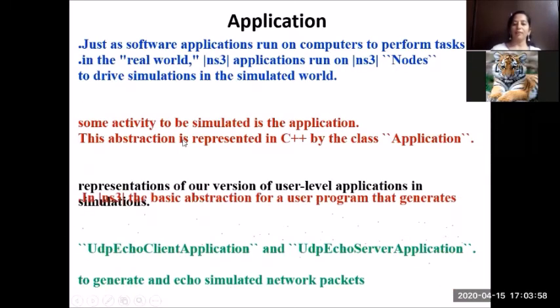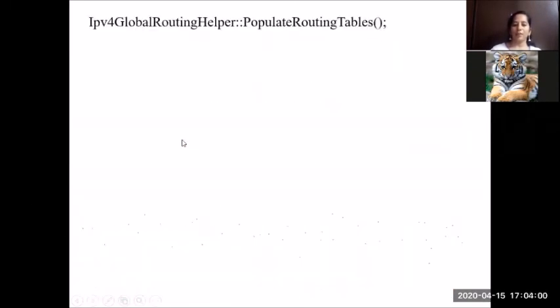Anyway, finally, we have to install the applications, for which I need to route the packets. How do we send the packet from node 0 to node 1, from node 1 to node 2? For that we need a routing table. I will use the available class IPv4 Global Routing Helper.